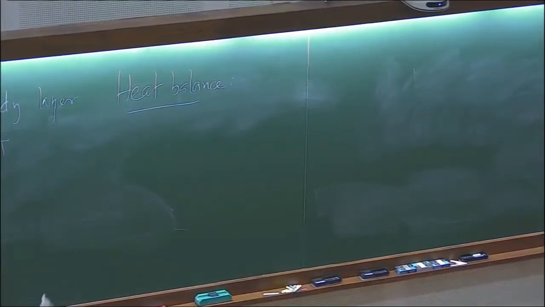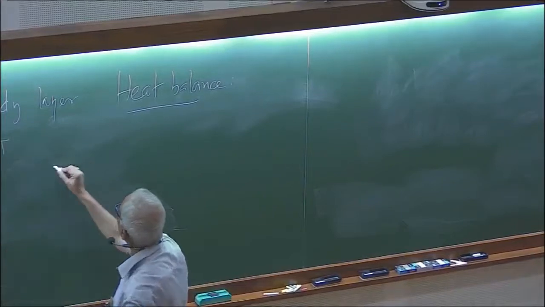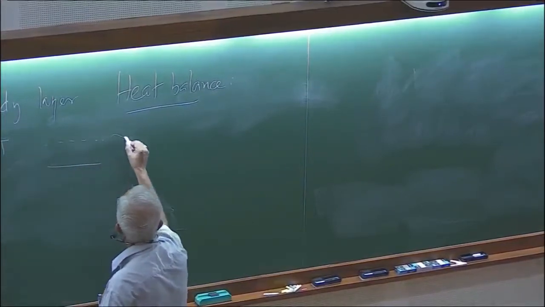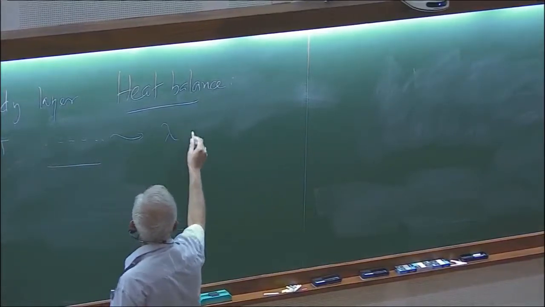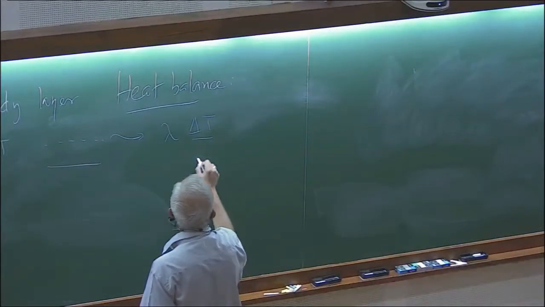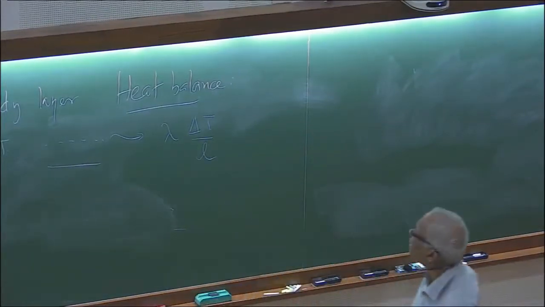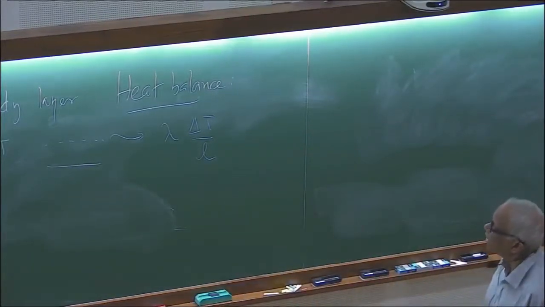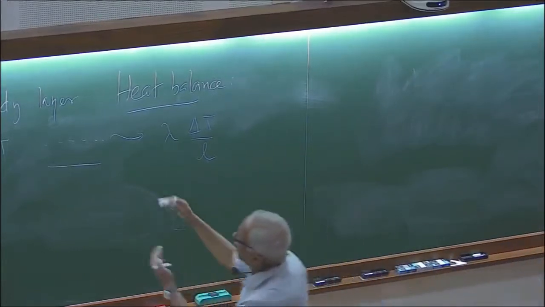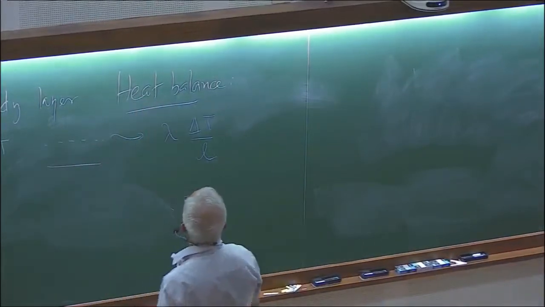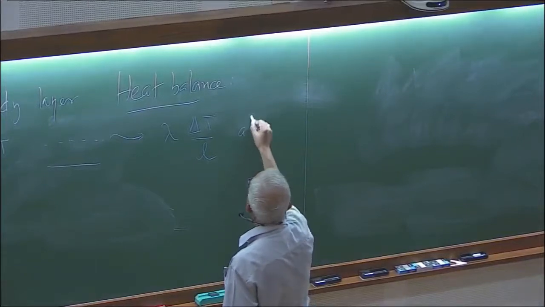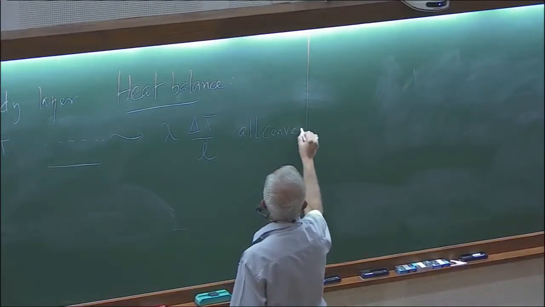So the amount of heat reaching the top of the boundary layer. So this is the top of the boundary layer. The amount of heat that has reached it is like lambda delta T to the power L. And there is no accumulation, so it has all been convected away.